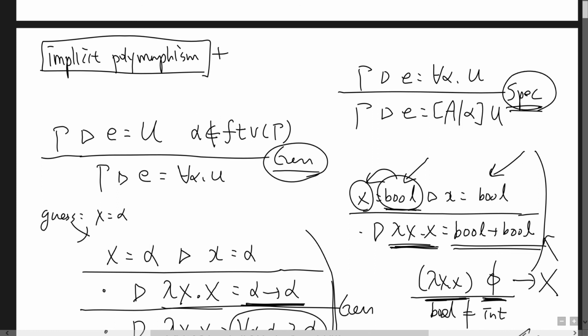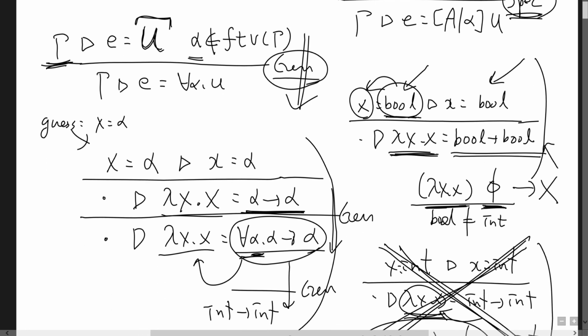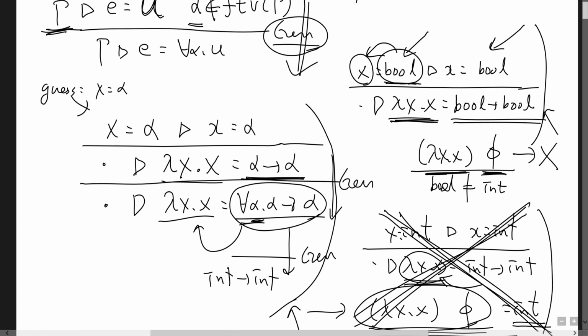The generalization rule tests if the type variable alpha is not found in typing context gamma. So usually you collect all the type variables in this polytype U, and then check if they are found in the typing context. And if we find such a type variable alpha here, then you apply the generalization rule. You want to apply this generalization rule aggressively in order not to fall victim to some funny situation like this one.